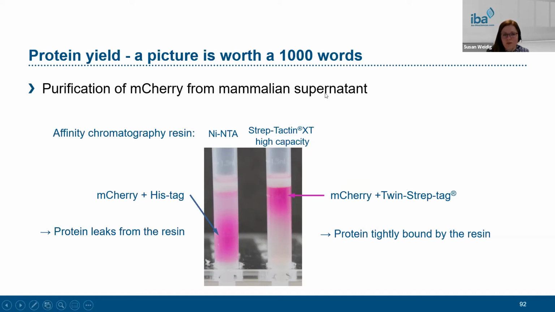So these free amino acids or biotin do not influence the binding of the twin strep tag protein to the Streptactin XT resin. The binding between the ligand Streptactin XT and the twin strep tag is really tight, and you will not lose your protein during the application and washing.